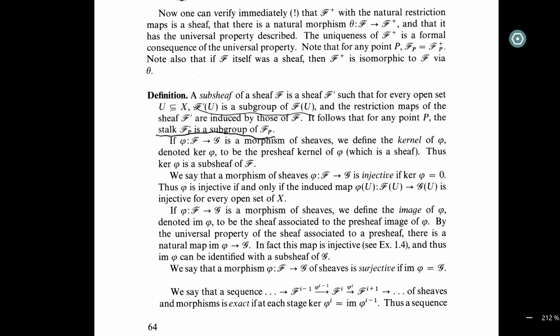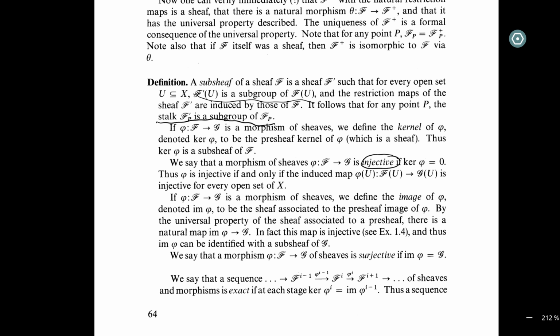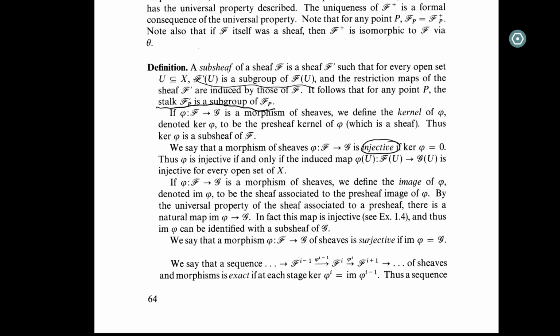Okay, we say a morphism of sheaves is injective if the kernel just defined, as a subsheaf, is 0. This is equivalent to saying that for each open U it is injective, but for surjective it's different.